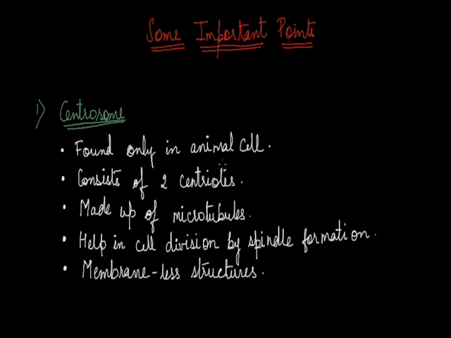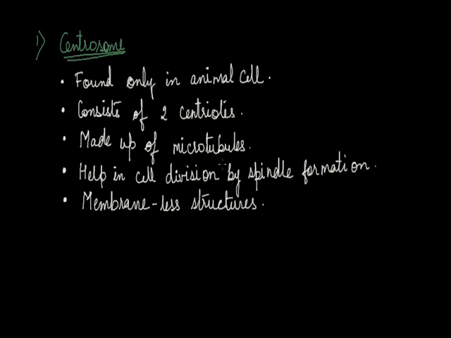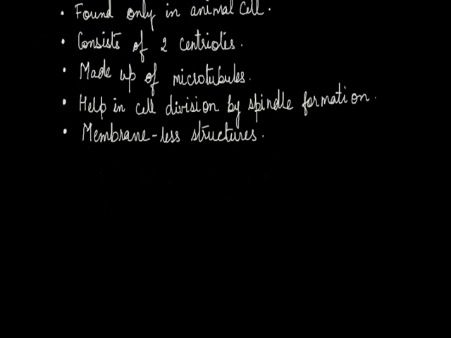After knowing about the centrosomes, let us discuss one more structure, that is the cilia and flagella. You must have heard these terms, cilia and flagella, and these are the structures that are related with the movement and locomotion of the cell. So, let us discuss cilia and flagella.